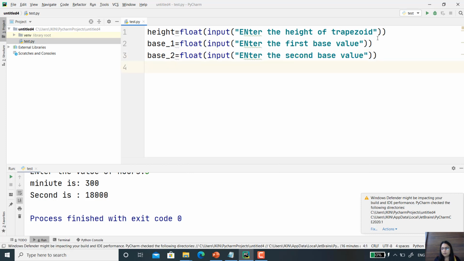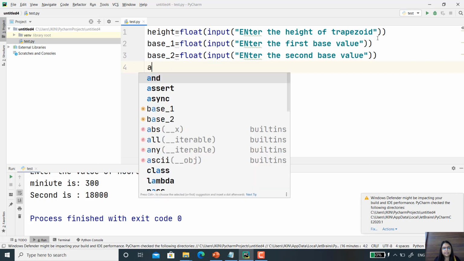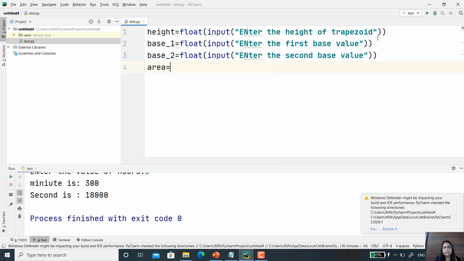Now we have to write down the equation for the area. So the equation for area, you can take any variable. It is not necessary that we have to write area. You can take capital A also or small a also.